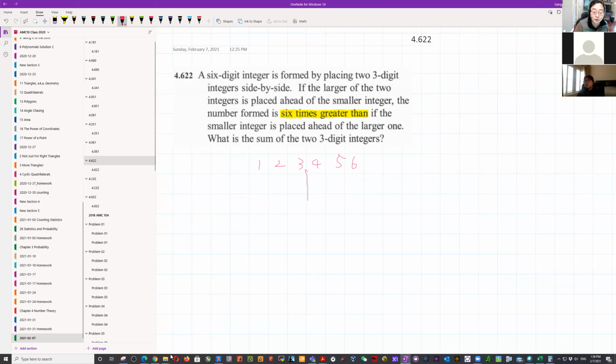If the larger of the two is placed ahead, the number formed is 6 times greater. So if X, Y, Z, A, B, C is the larger one, then the smaller one is A, B, C, X, Y, Z, and they have a 6-times difference.